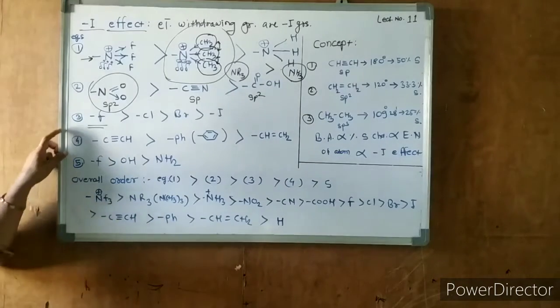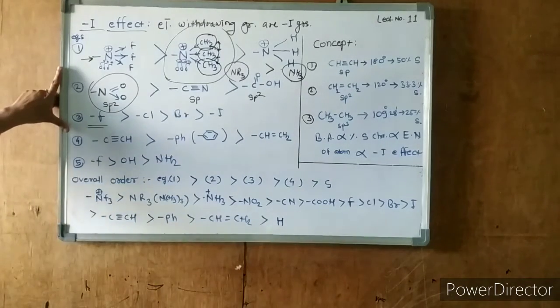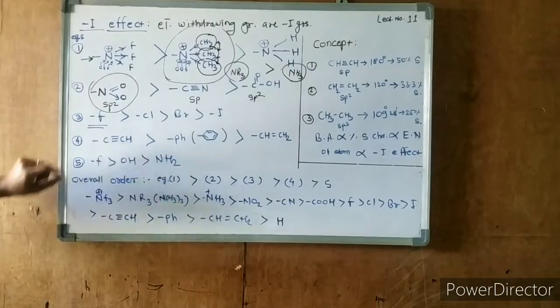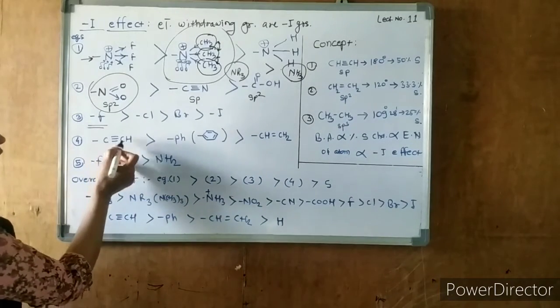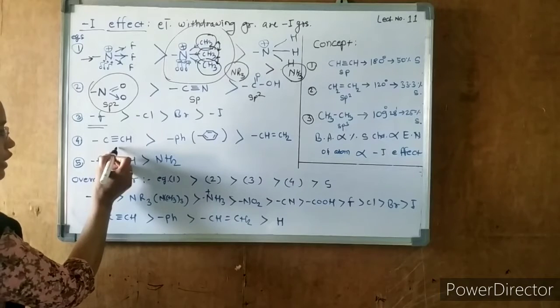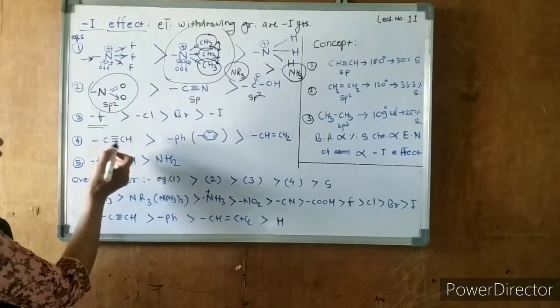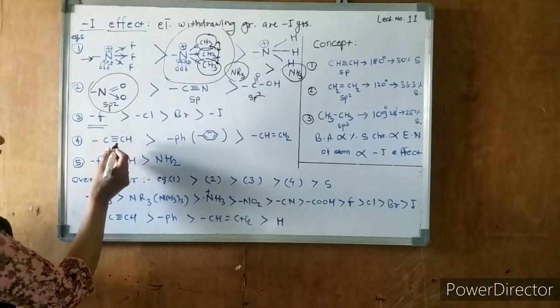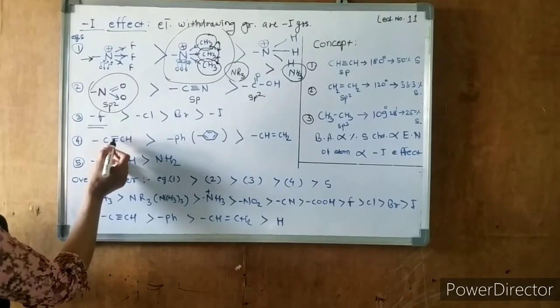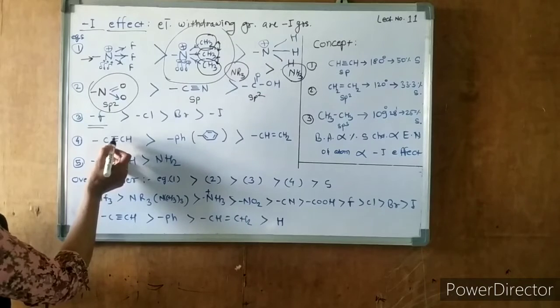Now coming to the fourth example, these three examples we explained. Now this is the fourth example. In the fourth example, what happens here? Now see the hybridization here. Carbon triple bond is there. How to identify hybridization, that you know already. Here how many bonds are there? 1 sigma bond and 2 pi bonds are there.